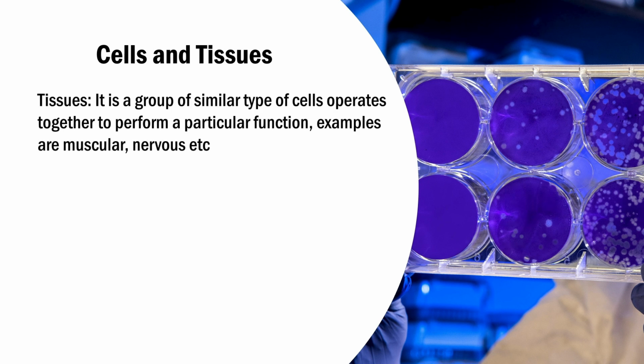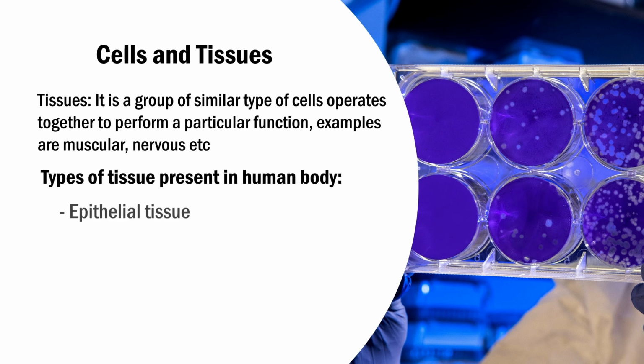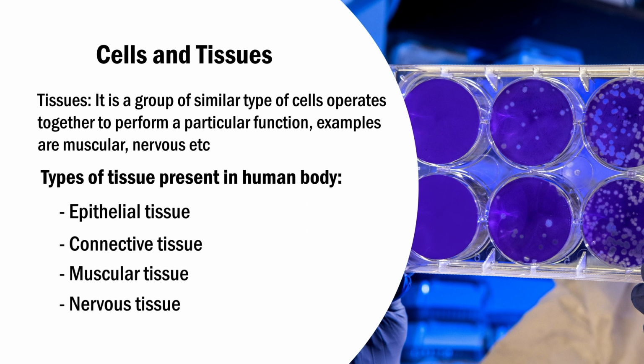Now, coming to tissue. Tissues are groups of similar types of cells that operate together to perform a particular function. Examples are muscular, nervous, etc. Now, two or more tissues can combine together to form organs.